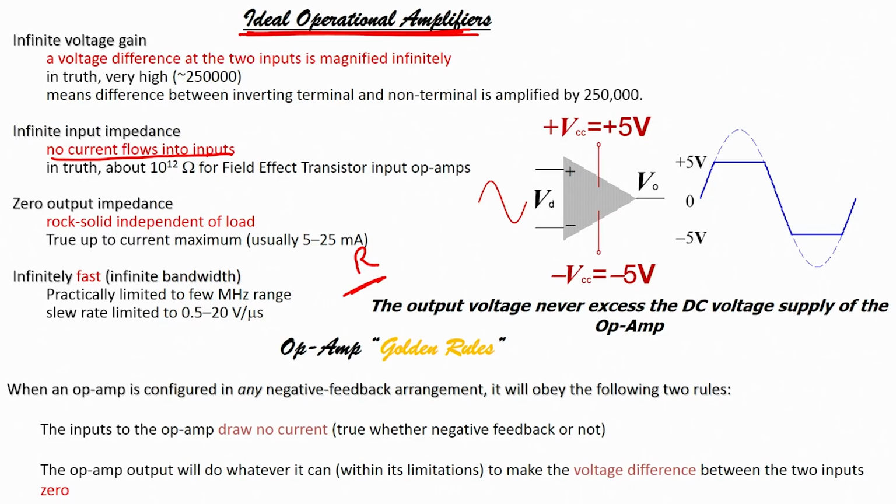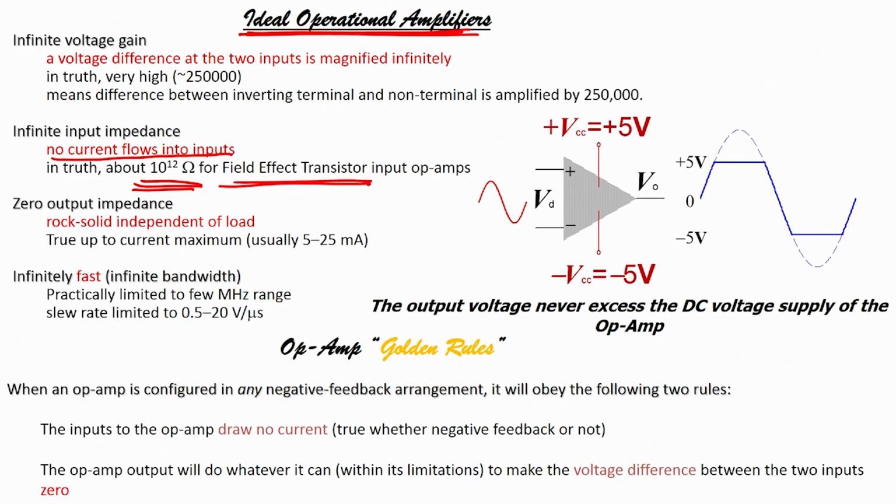Current cannot flow into the inputs of the operational amplifier. Now, in practical op-amps, the input impedance is about 10 to the power 12 ohms for FET based op-amps.